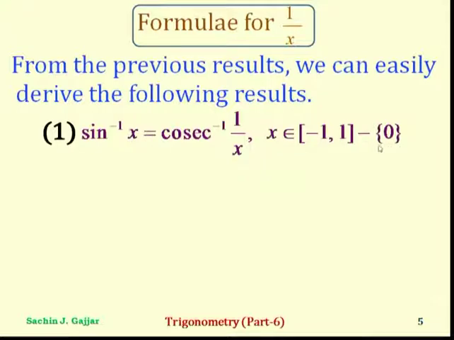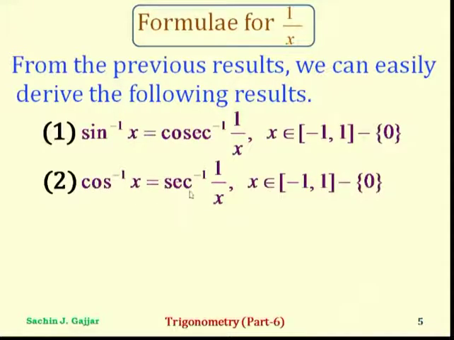We have to subtract this 0 because x cannot be 0. If x equal to 0, then 1 upon x is not defined. Okay, so minus 0 is necessary. For example, sine inverse 1 by 2 is equal to cosec inverse 1 upon 1 by 2, means cosec inverse 2.